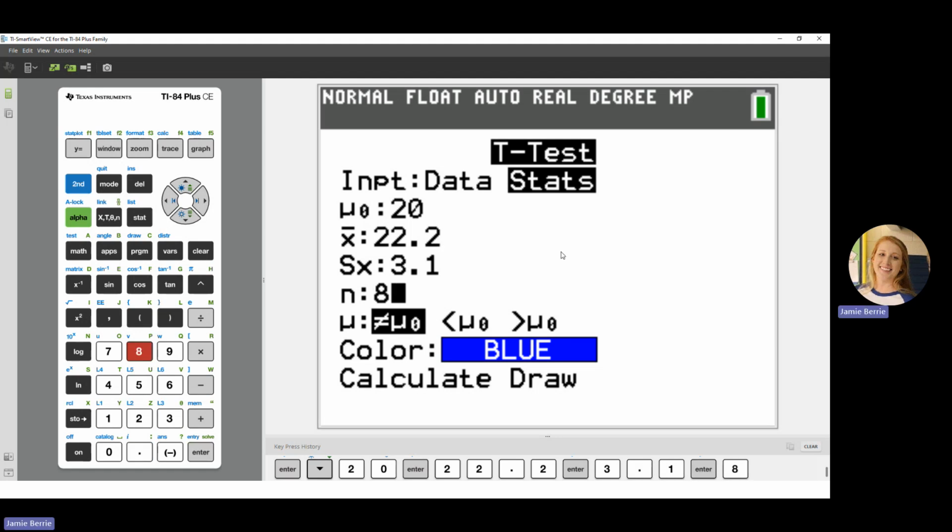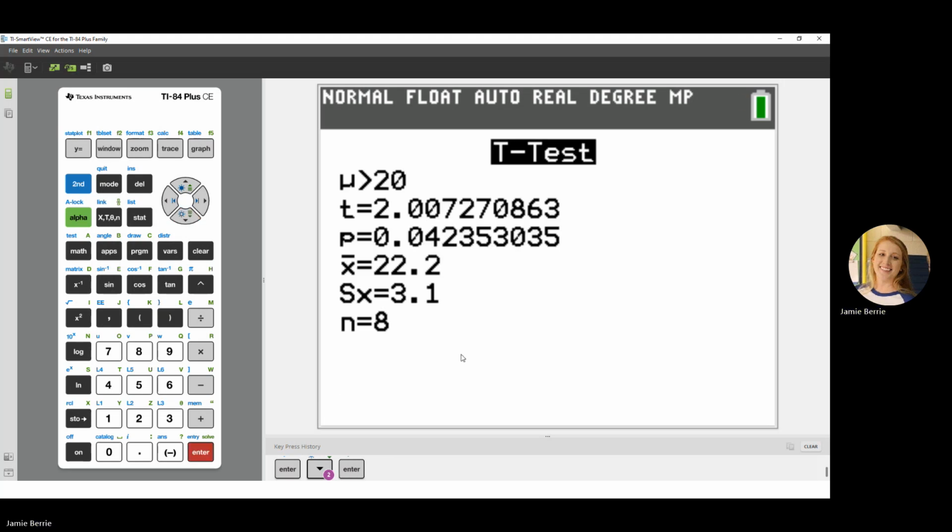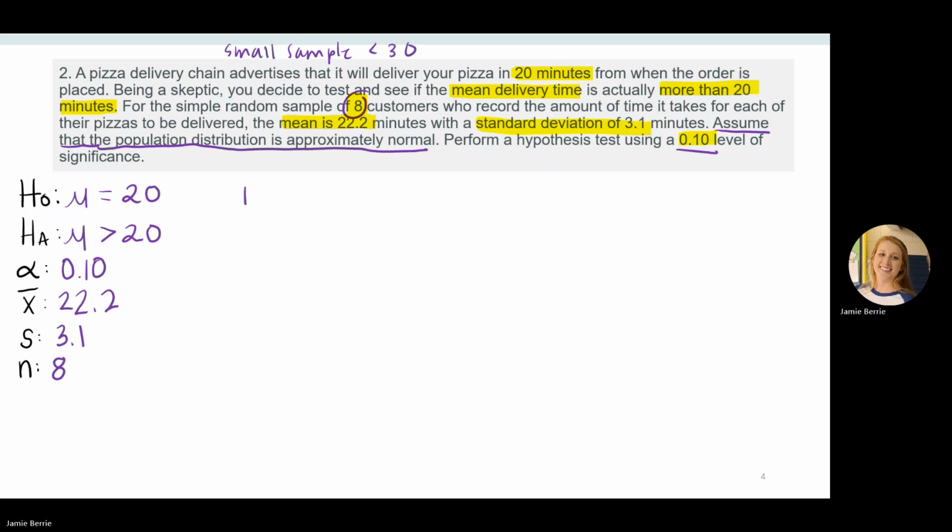Sample size was 8, and we said that we think it actually takes more than 20 minutes. So we're doing greater than the null hypothesis. All right, so then go down to calculate and hit enter. There's our test statistic, 2.01. P-value is 0.04.